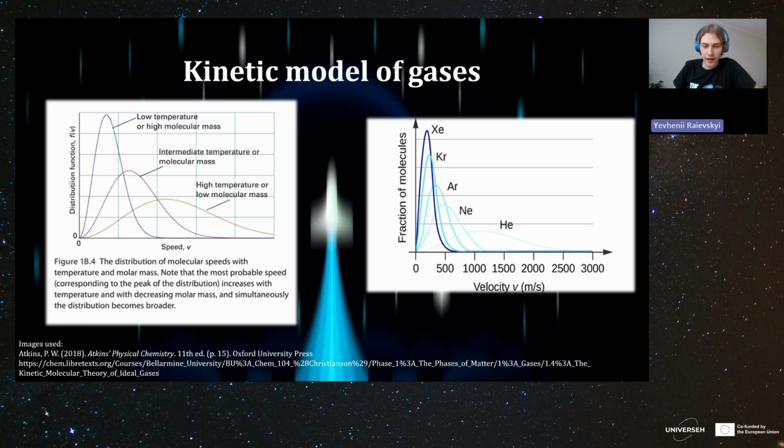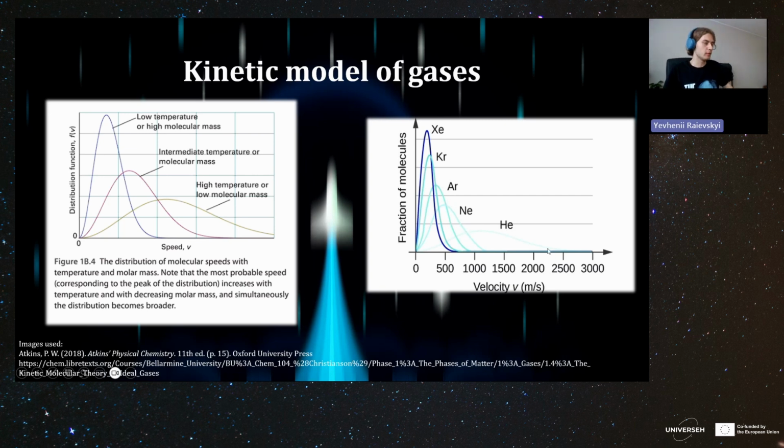And the average velocity of molecules, you see, is very low. Krypton is a much lighter gas than xenon, and thus this peak has slightly moved to the right side. And argon is lighter, and this peak also moved to the right, and neon and helium.